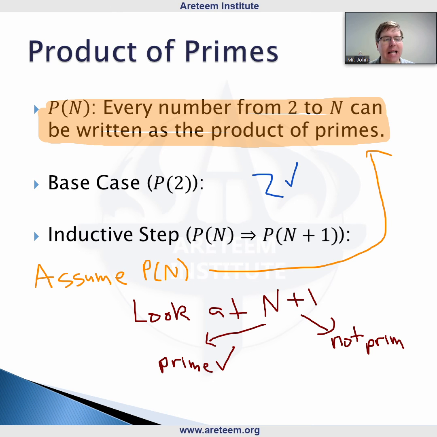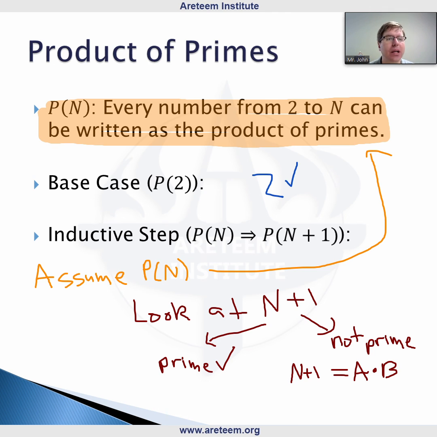To be not prime means you have two factors that are smaller. So n plus 1 is a times b, where both of those numbers are smaller than n plus 1. So they're n or smaller. In fact, we know that they're smaller than n plus 1 in that case.